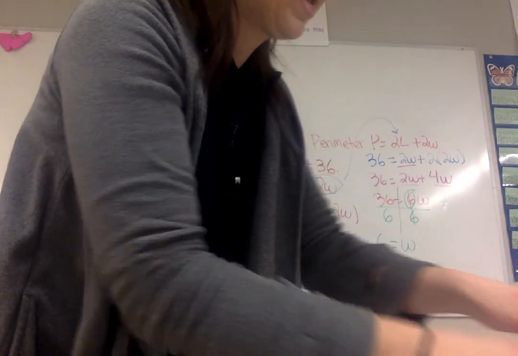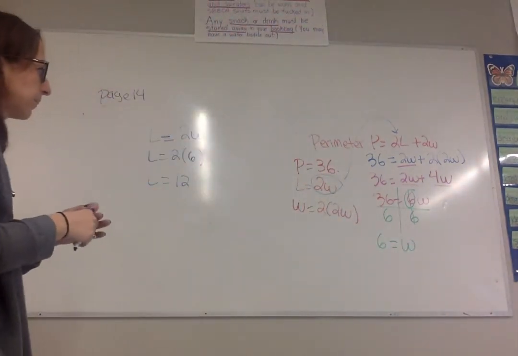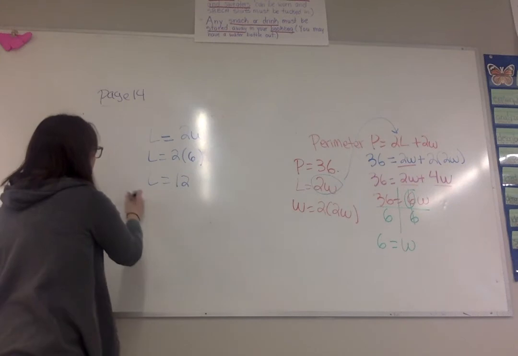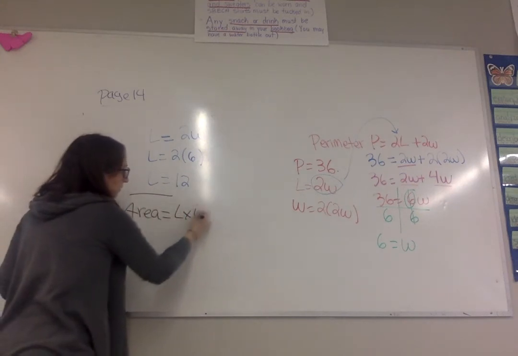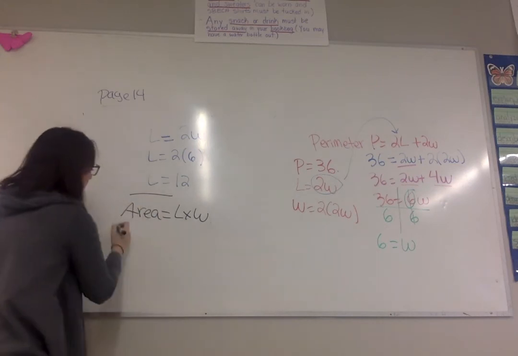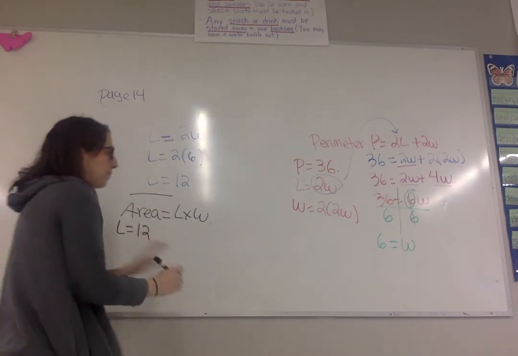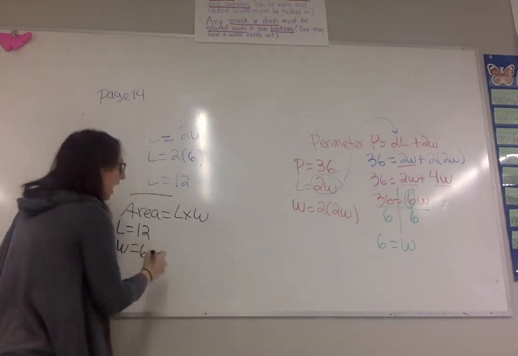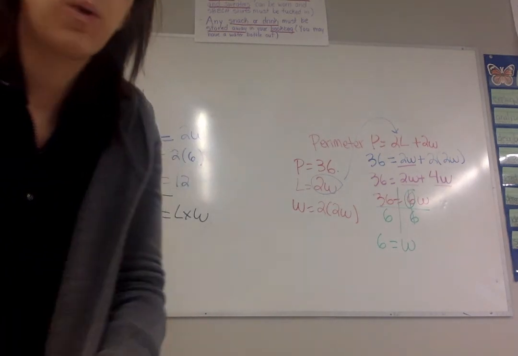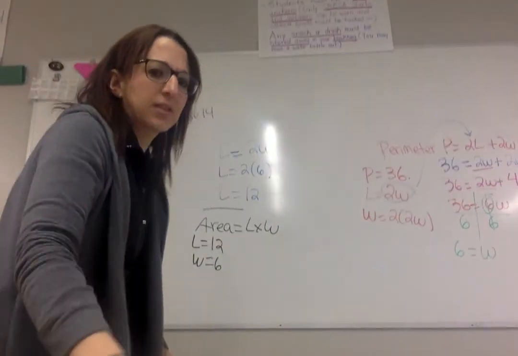Now I got to find the area. In order to find the area, I got to multiply the length times the width. I already know that my length is 12 and my width was 6 when I solved it. So now I'm going to multiply 12 times 6.